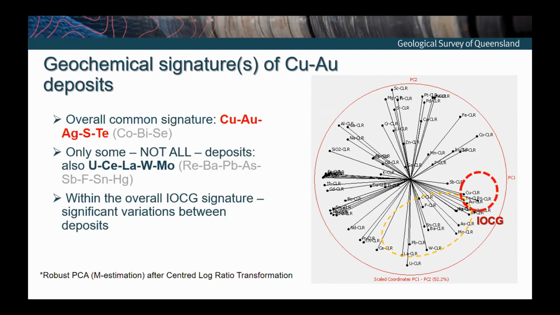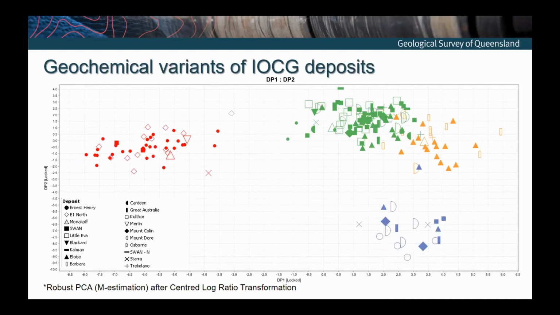Fine. So the main conclusion of this busy slide is that there is a fair bit of variation within the overall IOCG signature between individual deposits. To see it a bit better, a little bit more of a machine learning exercise, just a simple discrimination projection exercise, trying to distinguish different signatures of ore.